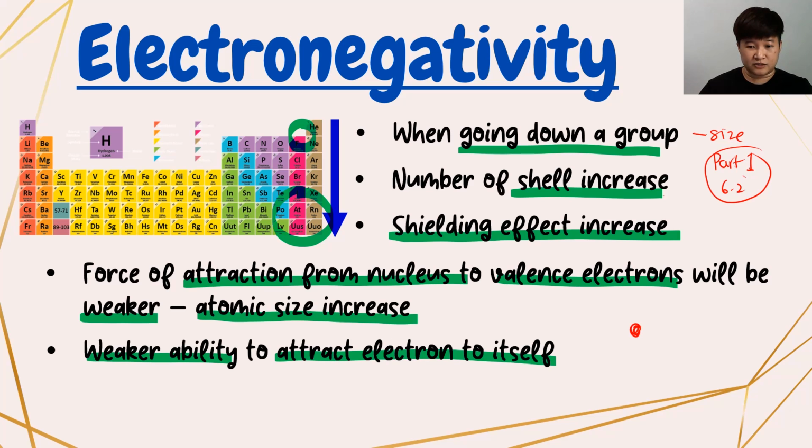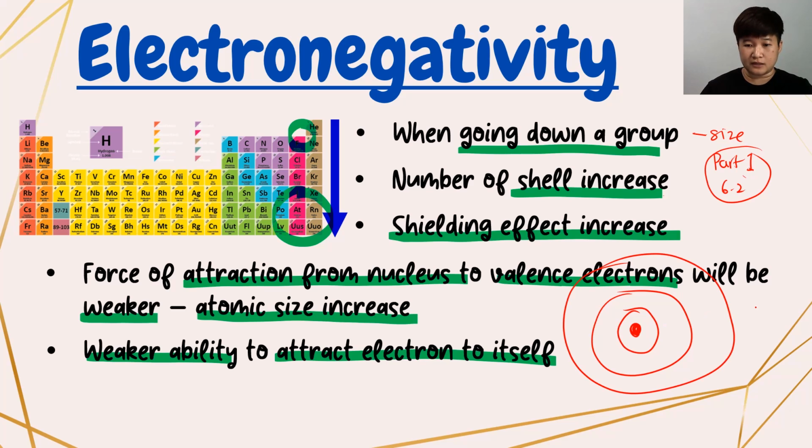Alright, remember that is my nucleus. If the size is very big, it will be extremely hard for the electron to go in because the nucleus is very far from the outermost shell. So this force of attraction is extremely weak.